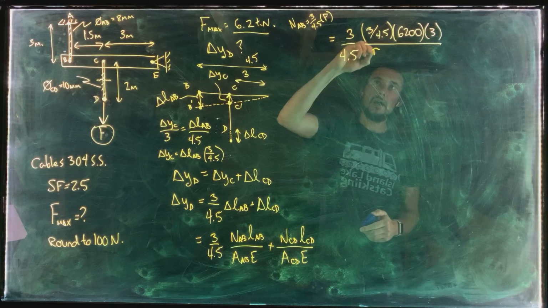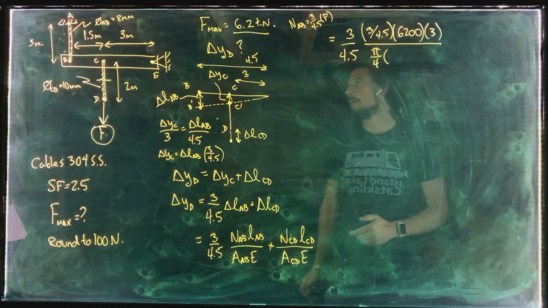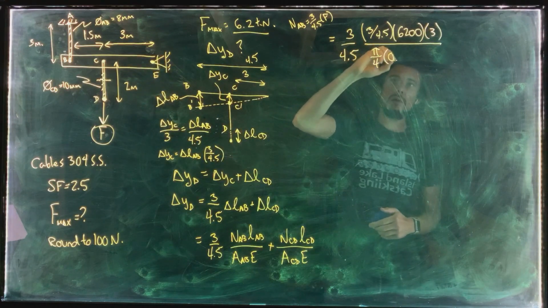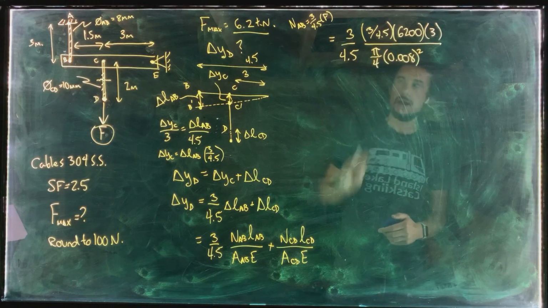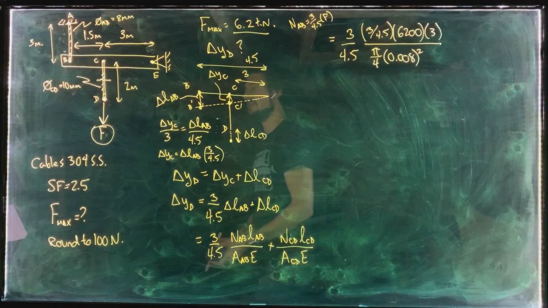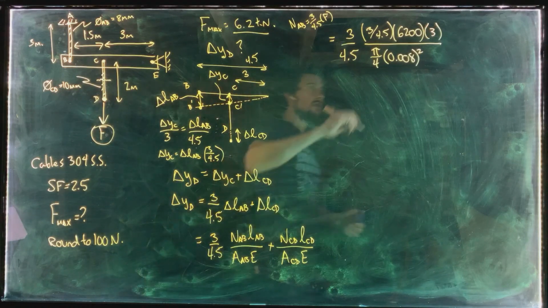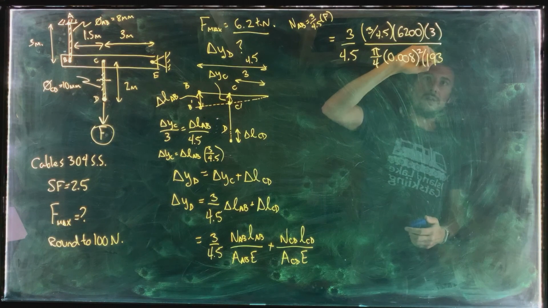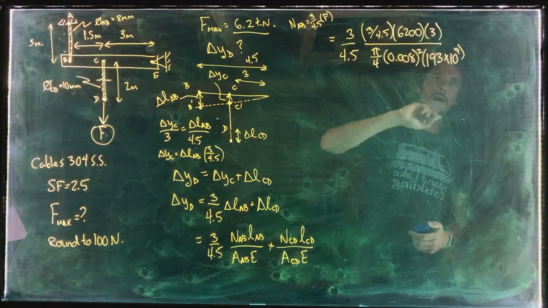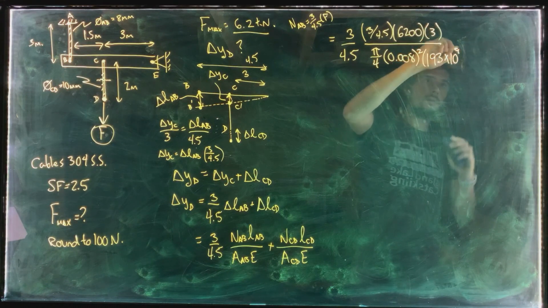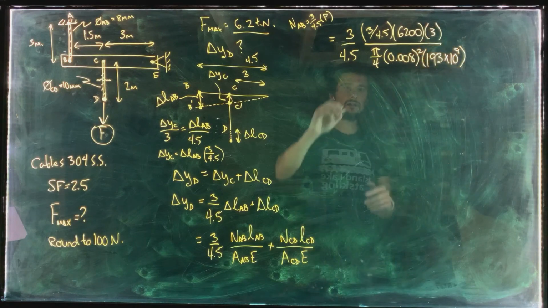Cross-sectional area, pi divided by 4. And it's an 8 millimeter cable, 0.008, square that. And then we've got modulus of elasticity. So we're talking about 304 stainless steel in our metric units. And that is going to be 193 gigapascals, times 10 to the 9 there. Okay, and now we've got a second term to add on.